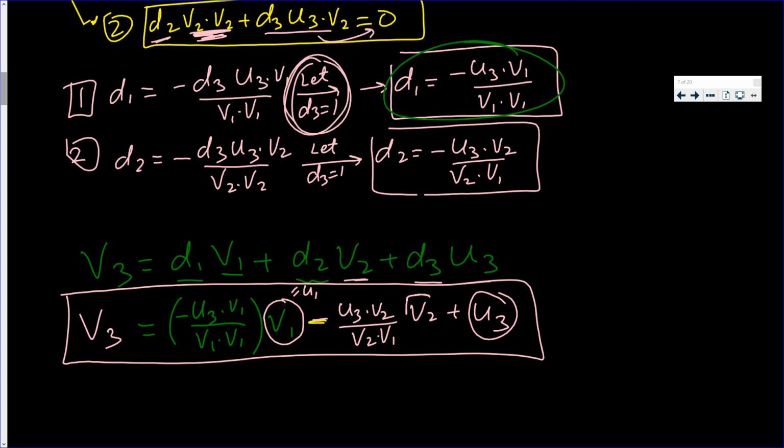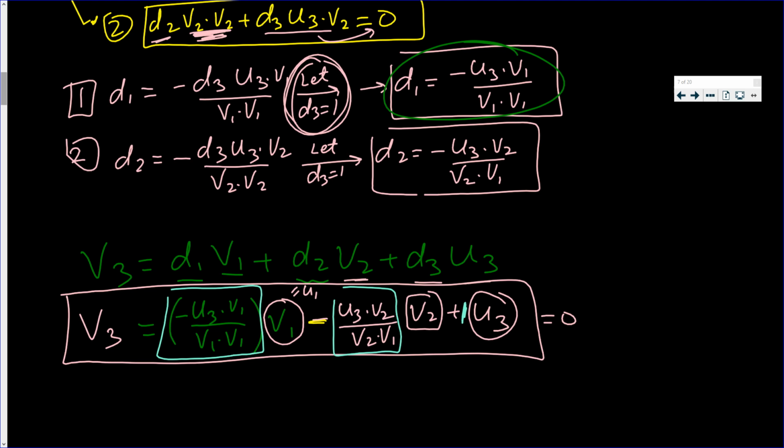And V sub 2 was a linear combination of vectors in U. So the only way V3 can equal 0 is if this constant is 0, which is very possible, and this constant is 0, and this constant is 0.